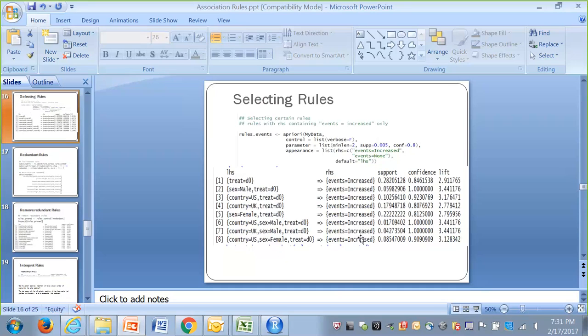Then you can start doing comparisons between these particular subsets of rules, and I think that's where you get the information you're trying to look at more closely, in relation to other rules.